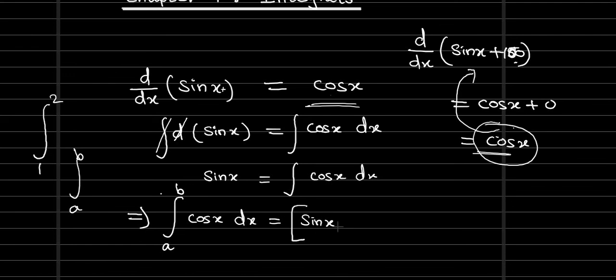Instead of that, we apply the limits. For a to b, first always replace x with the upper limit, so you will get sin b, then minus, and then substitute the lower limit, sin a. This is the only difference.